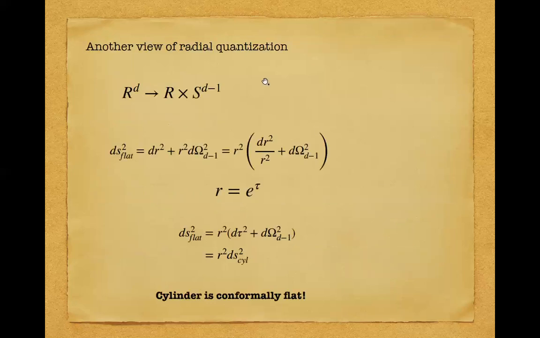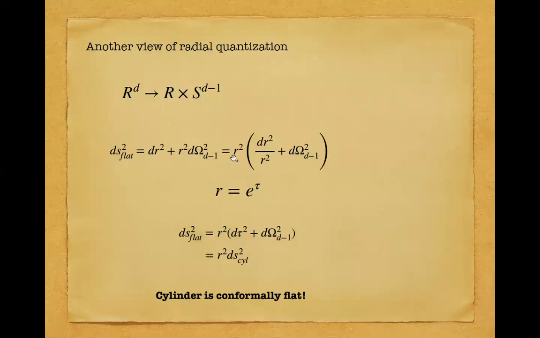So another way to visualize this radial quantization would be if we map from d-dimensional flat space to a cylinder. Suppose we start with spherical coordinates. So the coordinates are written in spherical coordinates, and this is my flat space metric.